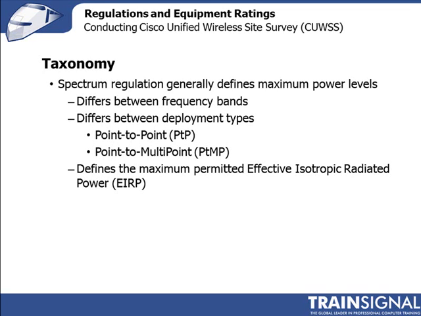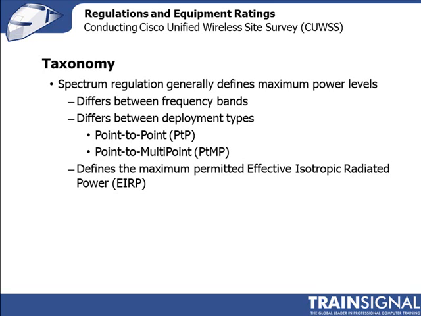So even though you might be using it to go from one point to another point, if it's an antenna that transmits all around and creates interference right around that access point, that's considered point-to-multipoint. And so the point-to-multipoint regulations apply. If you want to take advantage of the point-to-point regulations, you must use a directional antenna.